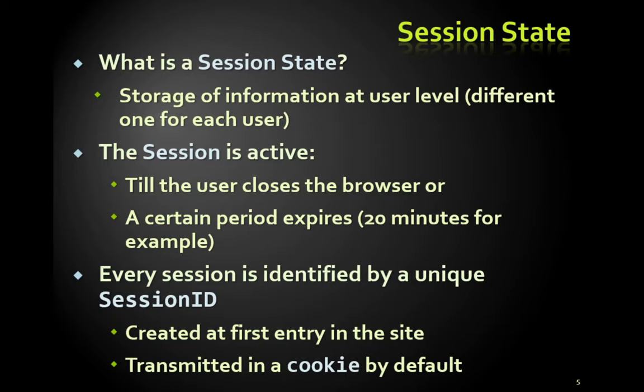The second part: with the subsequent request, how will the server be able to identify which user a particular session ID is from? As soon as the session ID is created inside the server, it will be transmitted to the client via a cookie. Fine. So user 1 will have one cookie containing a particular session ID, and with all subsequent requests user 1 will send that session ID to the server.